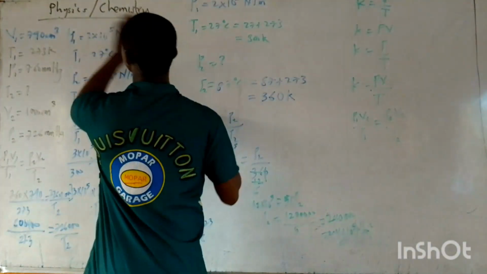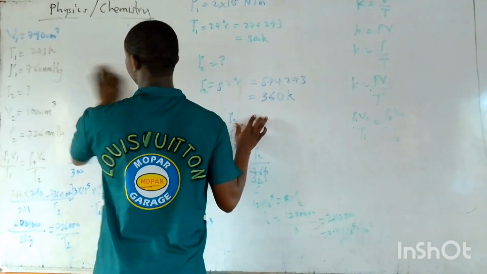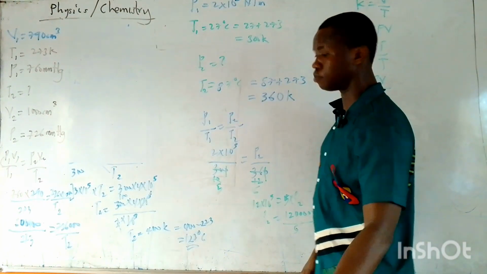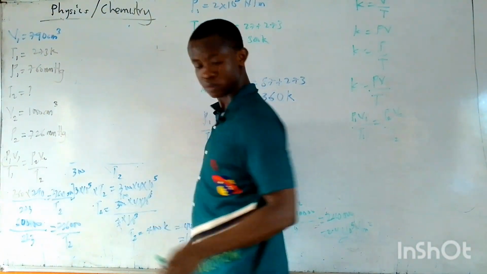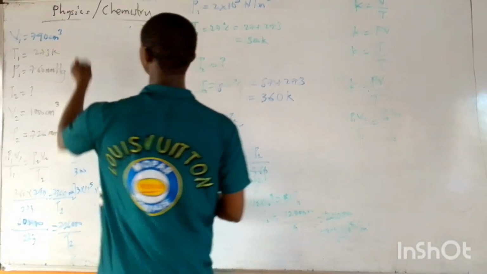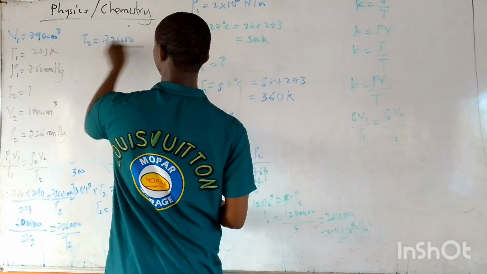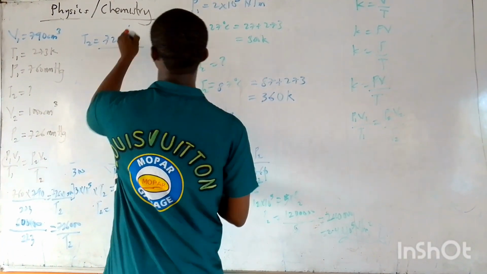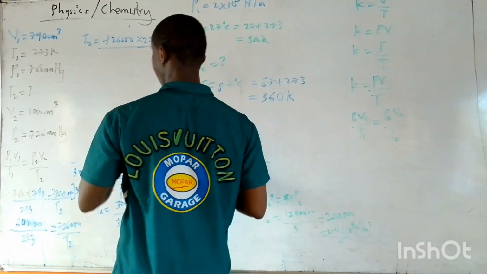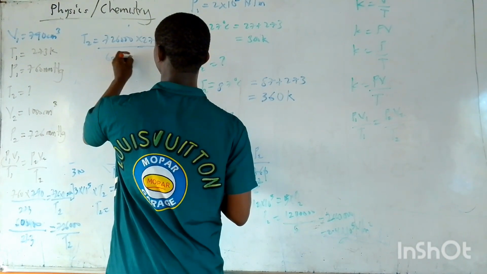So this will give us T2 equal to 726000 times 273, all over 600,400, right?